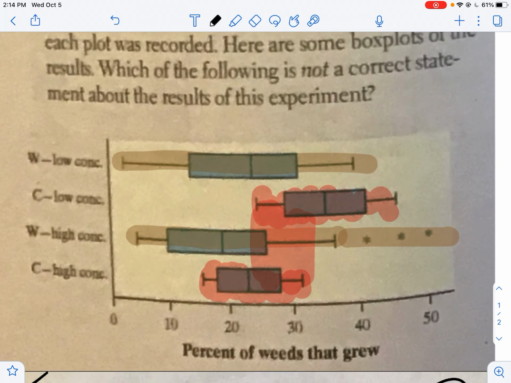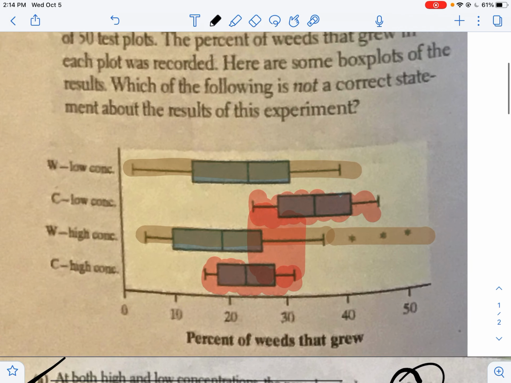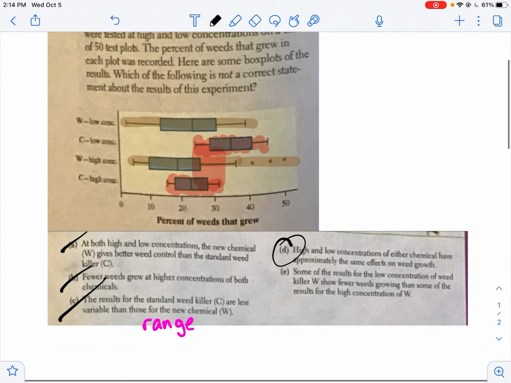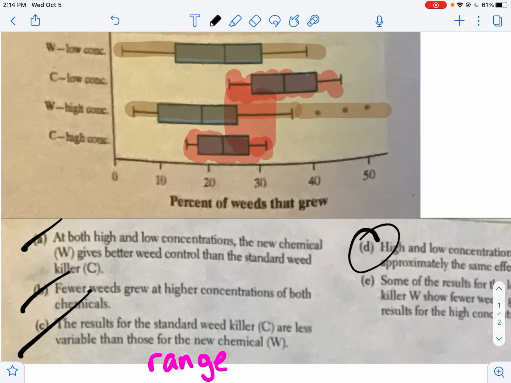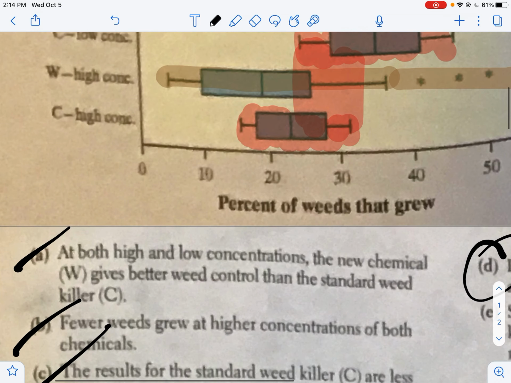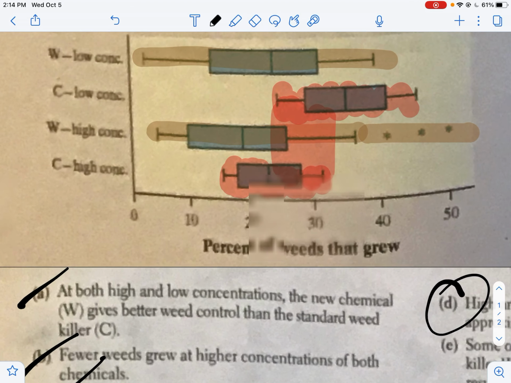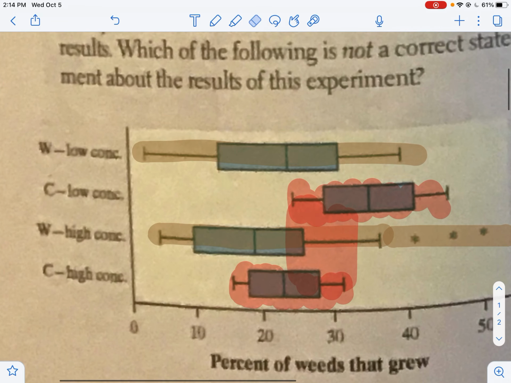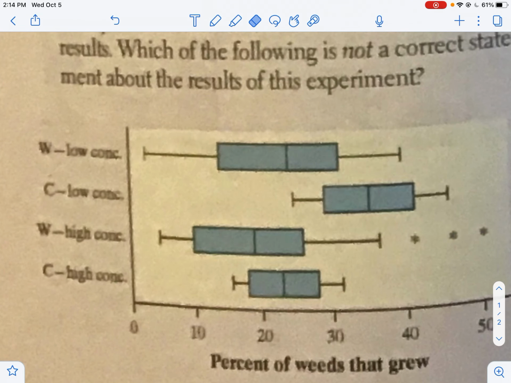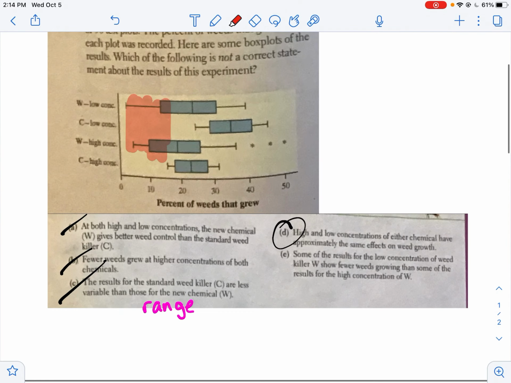Not necessarily, because if you're looking at C, I'm seeing some overlap. So let's see, I'm looking for the one that's not true. Actually, I'm going to come back to A. I apologize. It says at both high and low concentrations W gives better weed control. Yeah, it does. Remember, we looked at that earlier and saw that most of these low percentages were all for W. So A is true.